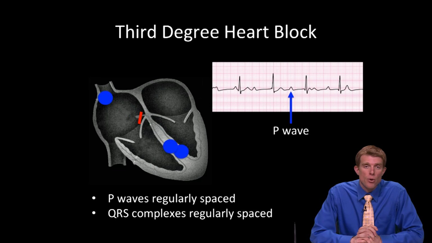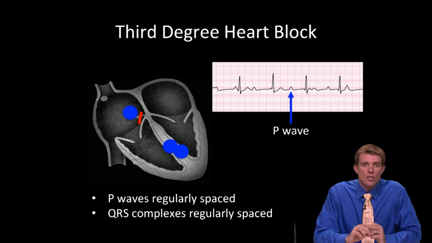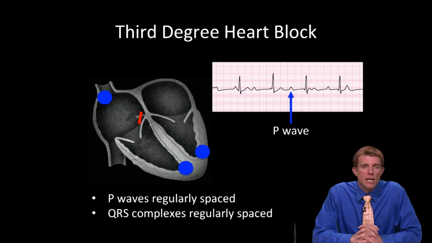The ventricle is depolarizing via another route. That could be from a ventricular escape rhythm, if the electrical impulse is originating in the ventricle, but most of the time it actually originates in the junction, so the AV node itself will initiate some electrical impulse. And so what you'll have here is complete dissociation between your P waves and your QRS complexes.